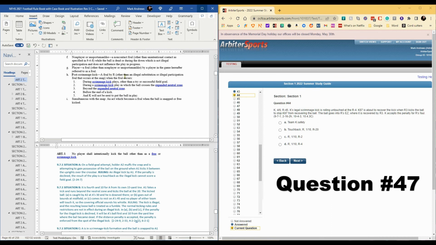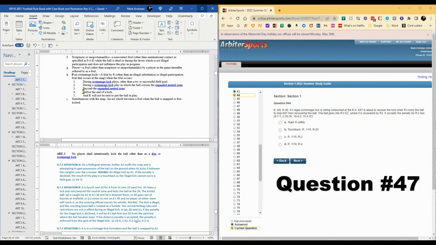It's a foul by R, so R3 kicked the ball, other than an illegal substitution or illegal participation that occurs at the snap. Oh, I'm sorry, forget about that. When the foul occurs during a scrimmage kick, which is what we have, during a scrimmage play in which the ball crosses the expanded neutral zone, yes. The foul occurs beyond the expanded neutral zone, yes. Before the end of the kick.